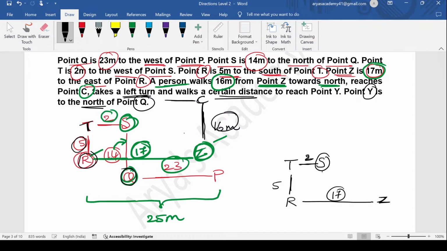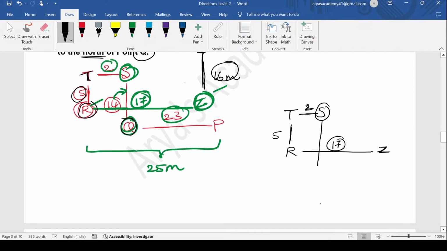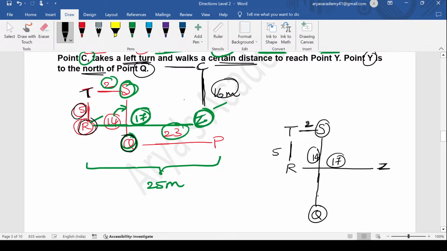And from S, if you come south for 14 meters, you will actually arrive at point Q. Then from Q, if you travel towards east for 23 meters, you will arrive at a new point, which is point P. Got it?